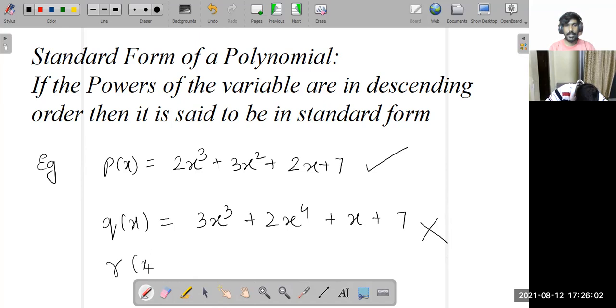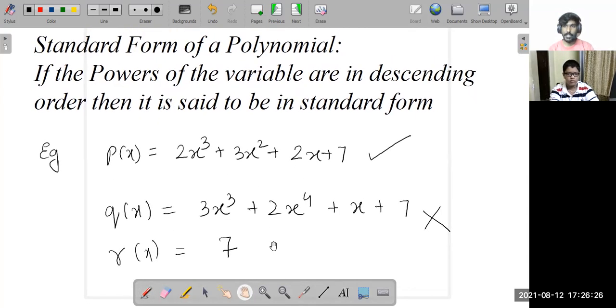Okay, can you just tell me whether this is in the standard form? The third one. Just 7. So wouldn't it need to be a binomial for it to be a standard form? Binomial. No, don't think in terms of variables. Don't think in terms of how many terms are there. Just see whether it is in the decreasing order of power or not.